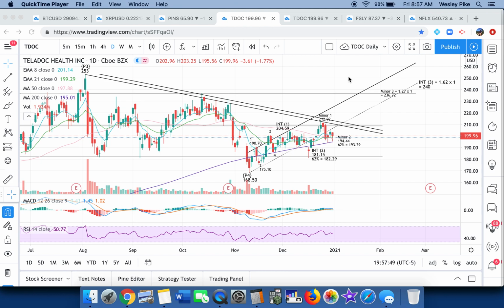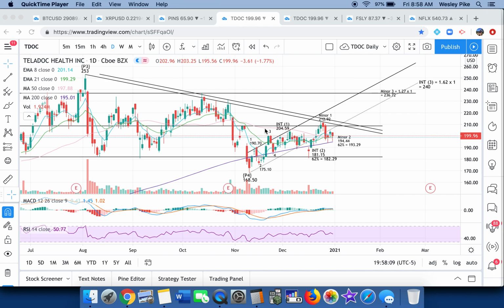I like TDOC here because I can show you on the daily picture that TDOC is uptrending. Remember that I use my daily charts to just establish and confirm that stocks are in uptrends. Why would you buy a stock in a downtrend? You want to buy a stock in an uptrend.